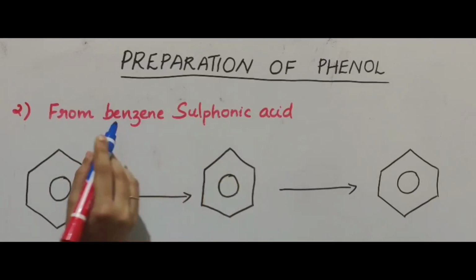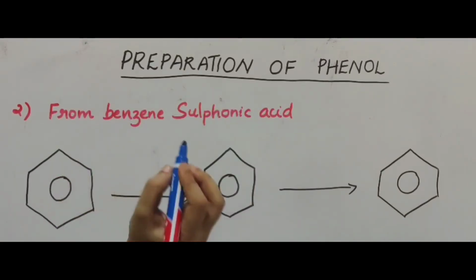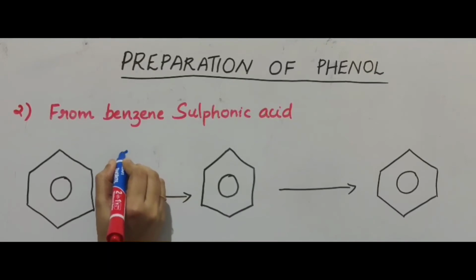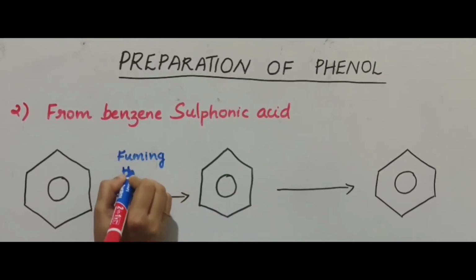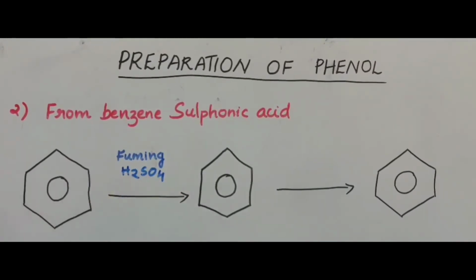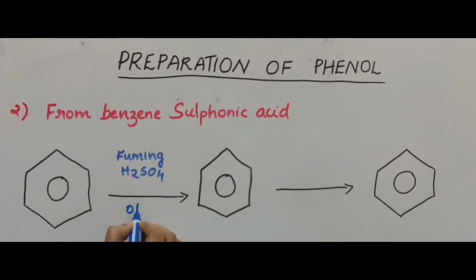Yes, we can prepare benzene sulfonic acid by using the reagent fuming H2SO4. What is the name of that fuming H2SO4? It's nothing but oleum.